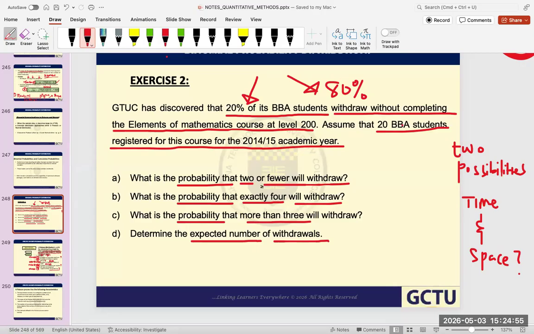So this is about students withdrawing and then staying. Okay, so it means we have 2 possibilities. So it means that if you take the probability of those withdrawing, P is 20%. Those who are not withdrawing, Q is 80%.